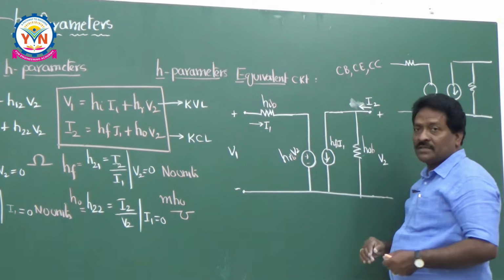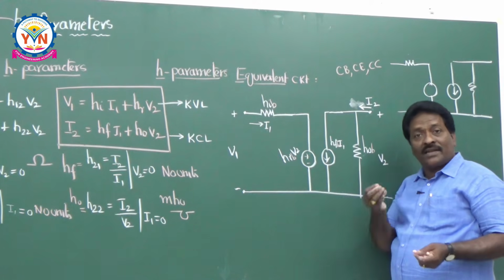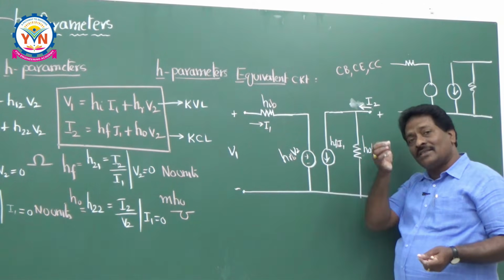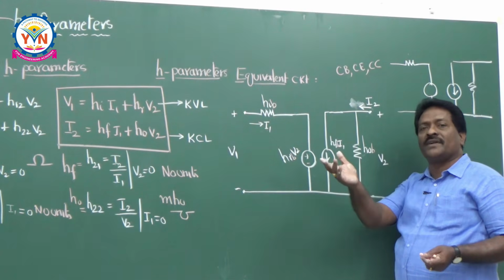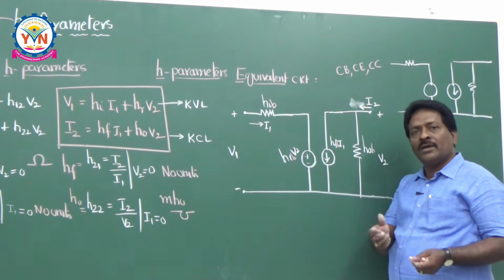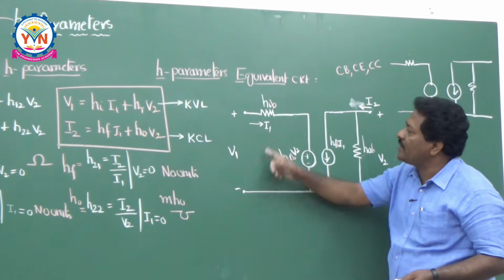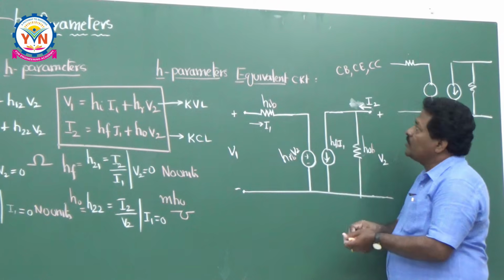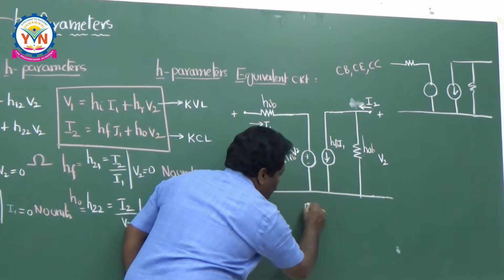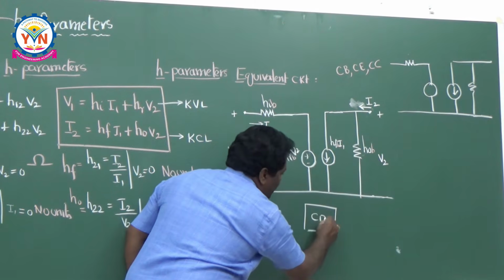Common base configuration. So whatever analysis I am telling you is valid for all types of configurations. It may be common base, common emitter or common collector. You can ask me, sir, what is this V1 and I1 then? Very simple. Take common base here, just to avoid confusion.